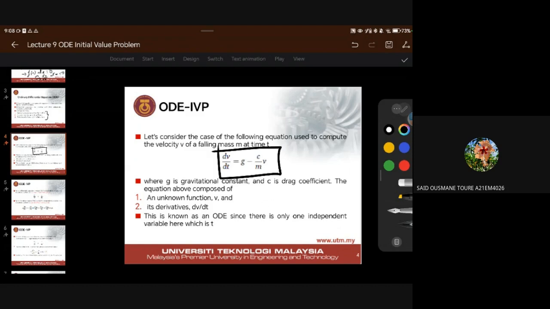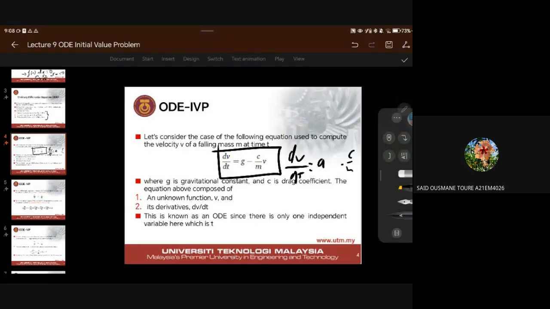So it can come as, for example, dv over dt equals a times t minus c over m times v. Okay, make sure you understand that.